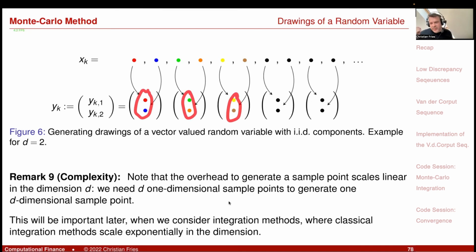And this was also important in the Monte Carlo method being independent of the dimension, because every dimension is now an independent sampling, an independent random number. But if you would use this trick with the van der Corput sequence, it will fail. And we will start with the coding experiment on that in the next session. And then we have to think that actually we have to create a new generator for higher dimensions.